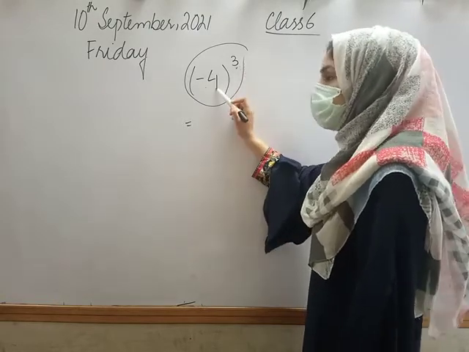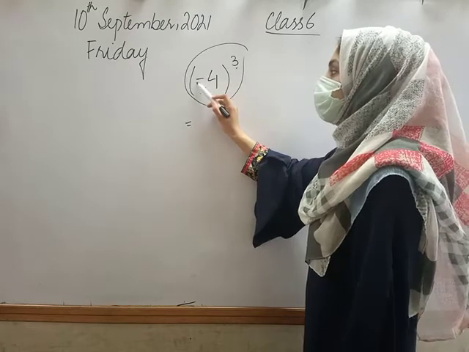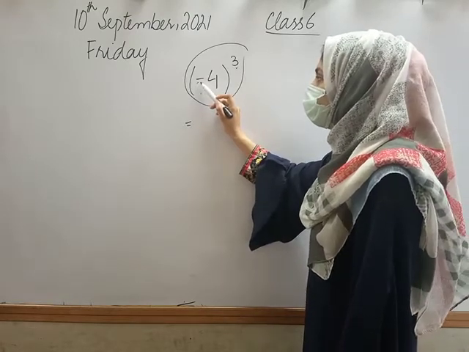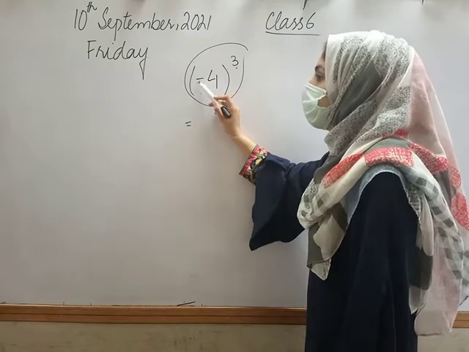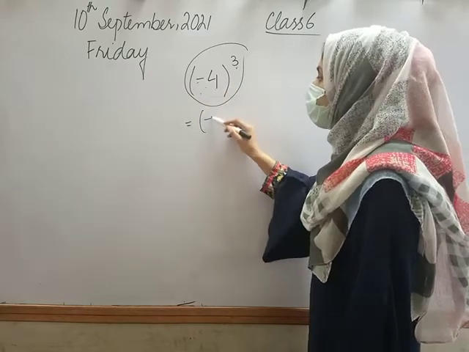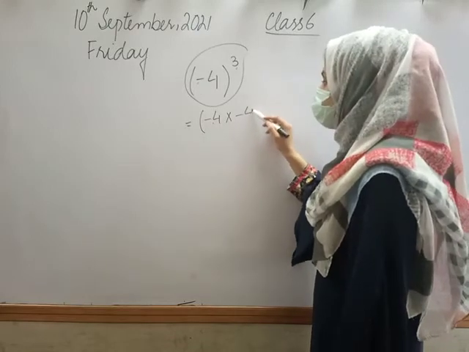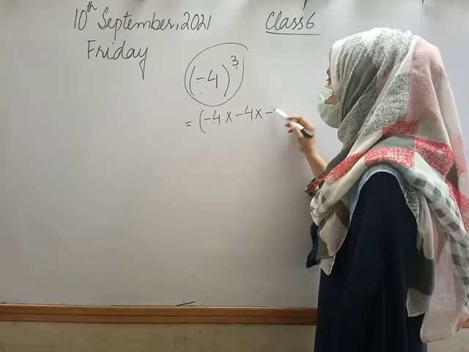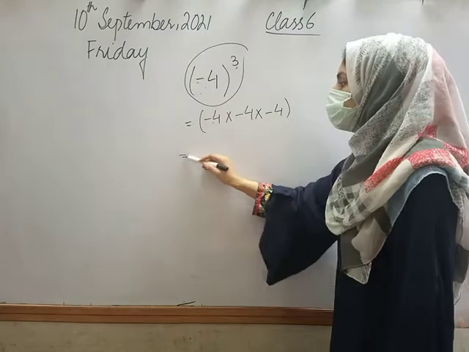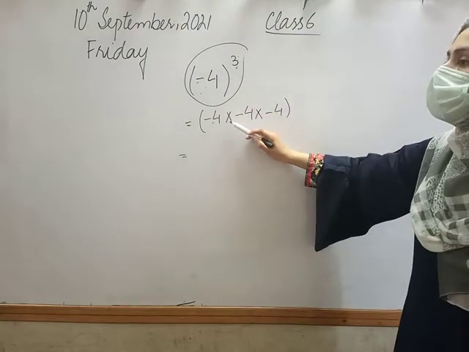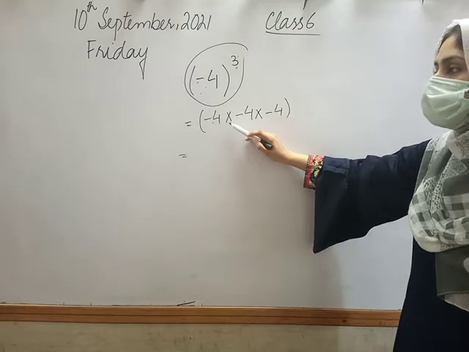Number and the sign as well. And what is the sign with 4 class? Minus. So I will write like this. This is 1 time, this is 2nd time, and this is 3rd time. So -4 power 3 we will write in this form.